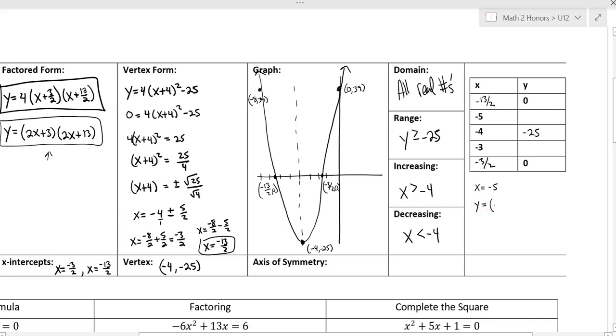So 2 times negative 5 plus 3, times 2 times negative 5 plus 13. And we get negative 10 plus 3, which is negative 7, and negative 10 plus 13, which is 3.